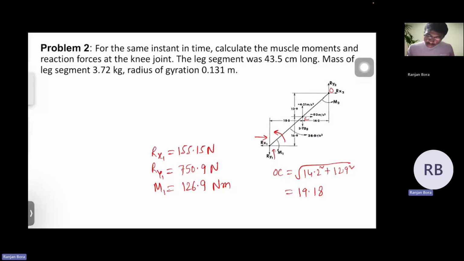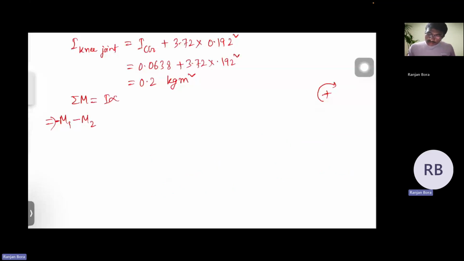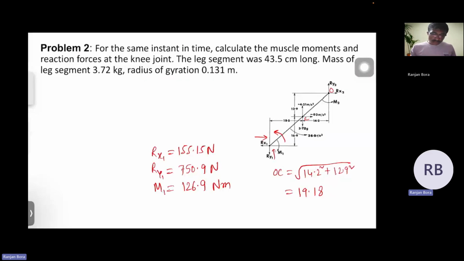And M2 it is also in anti-clockwise direction, so it is negative.